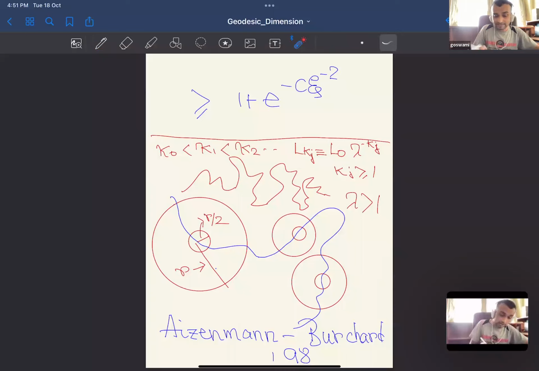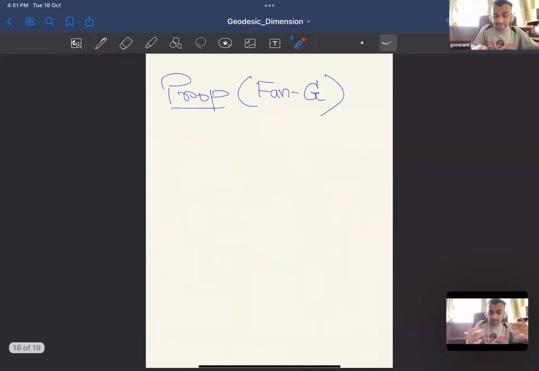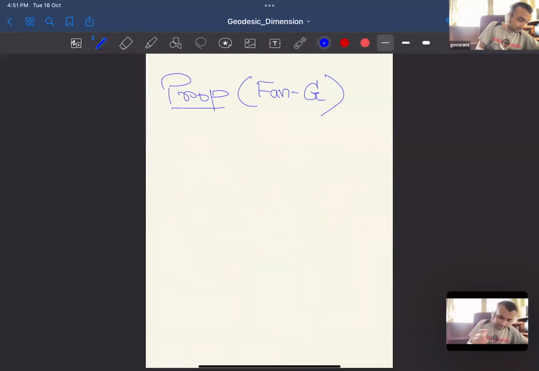But then, the main proposition from which our theorem follows is the following: there exists a parameter psi, strictly less than 1. That's important.